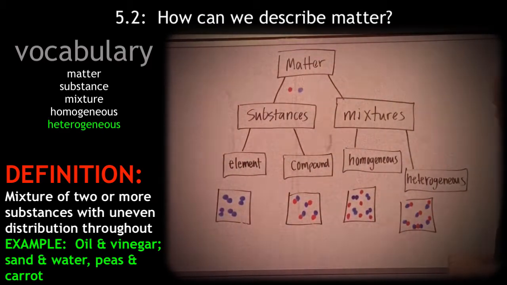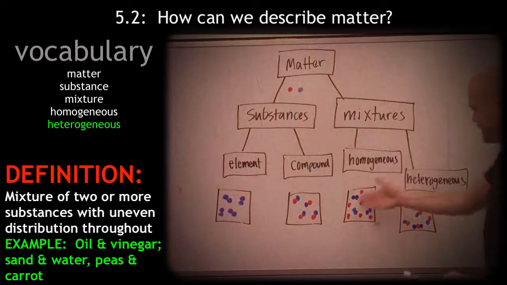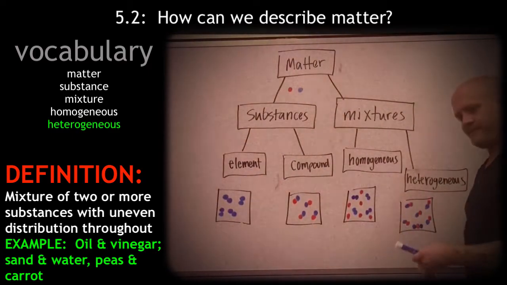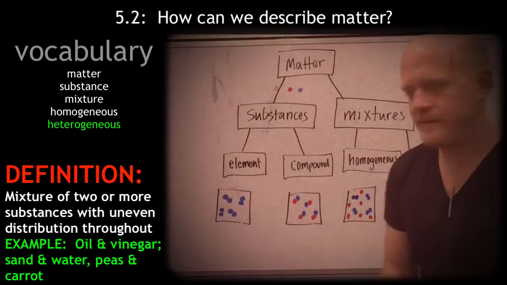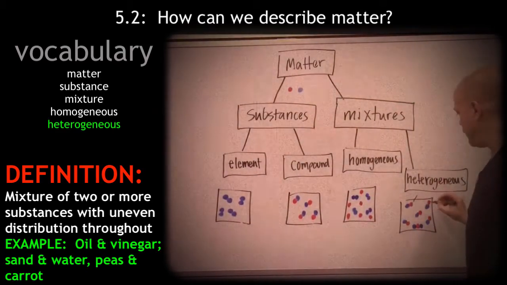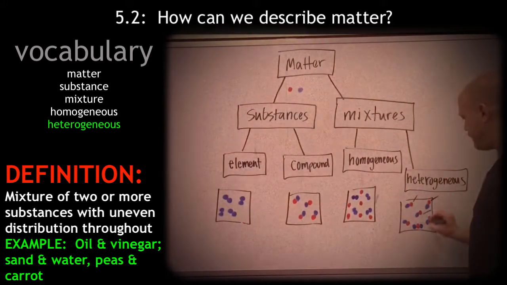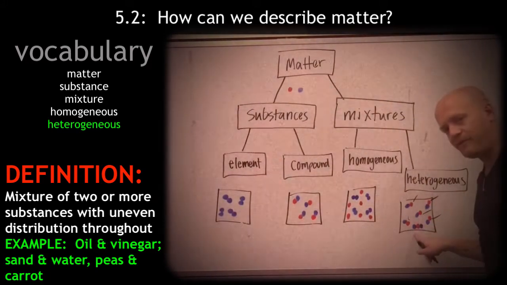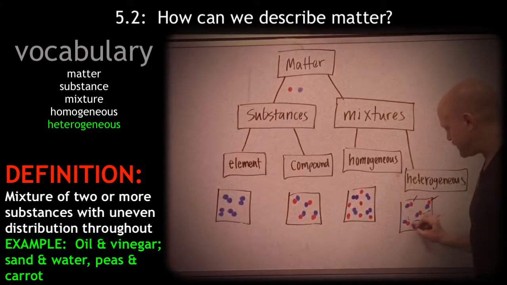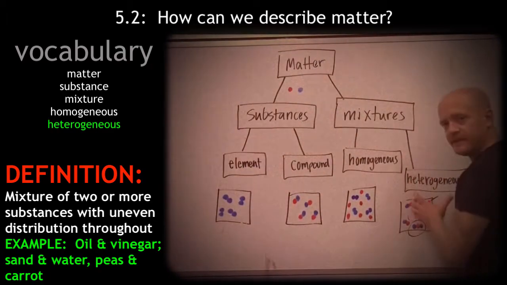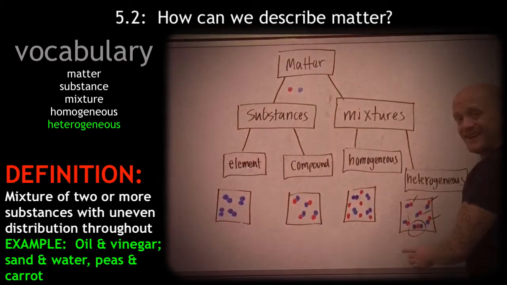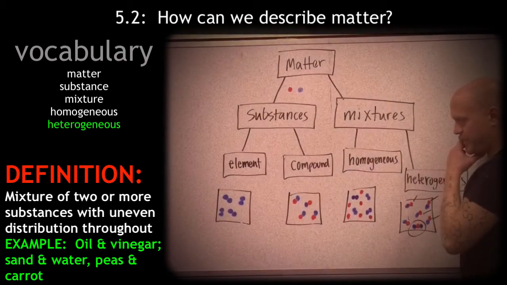If you look right here, it looks like these two are pretty much the same. In fact, this looks like it could be a compound. I have a red-blue here, a red-blue here, red-blue, red-blue, red-blue, but then I have a blue-red-blue. So because of this one, and because it's not evenly distributed throughout the entire box, it's considered heterogeneous.